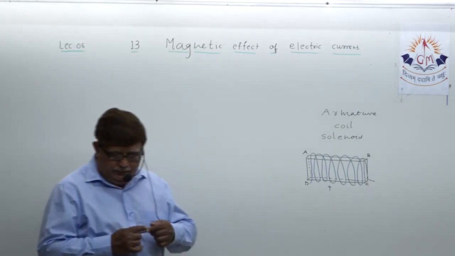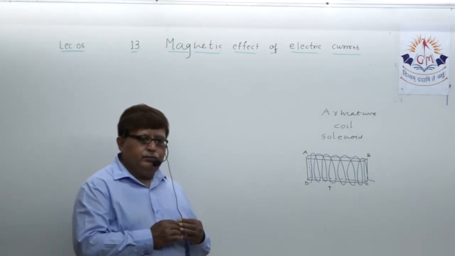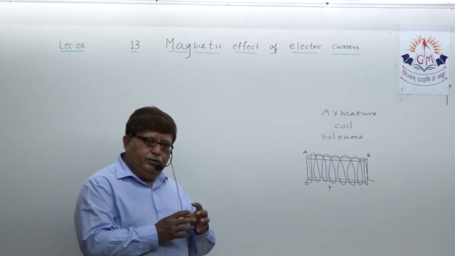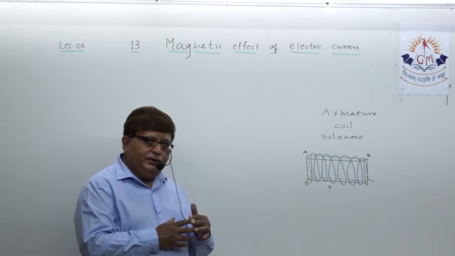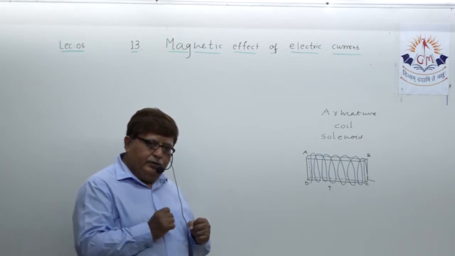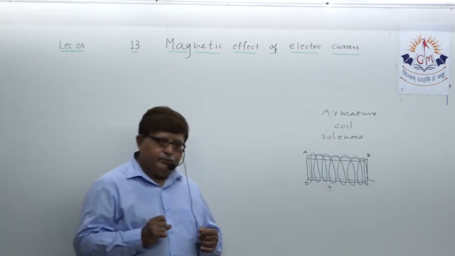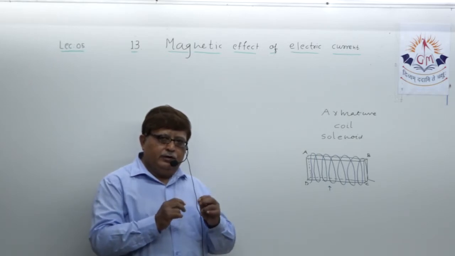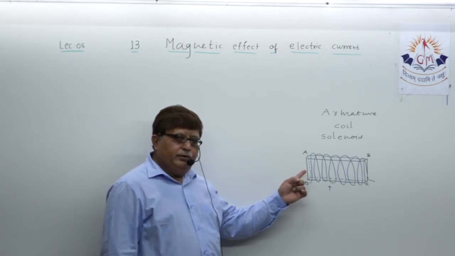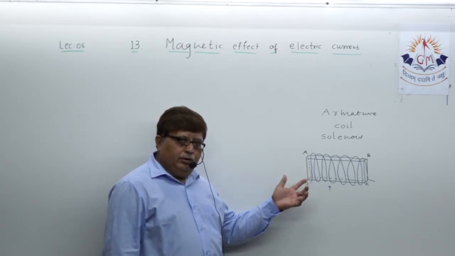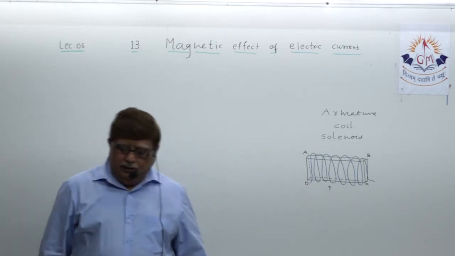In the construction of electric motor, no doubt, we are going to utilize a horseshoe magnet, and inside the horseshoe magnet we are not going to keep a straight conductor, but we are going to keep such a rectangular coil of wire, understand, which is also called armature.